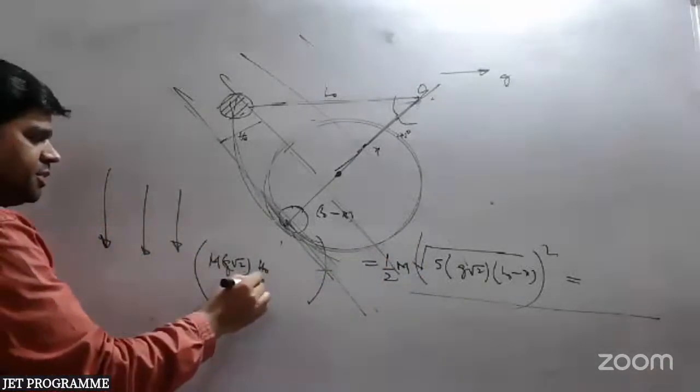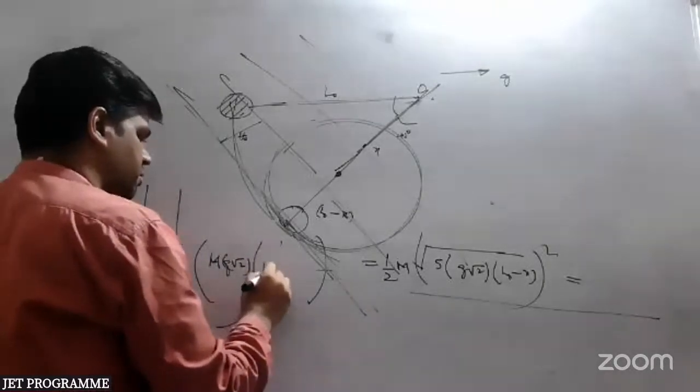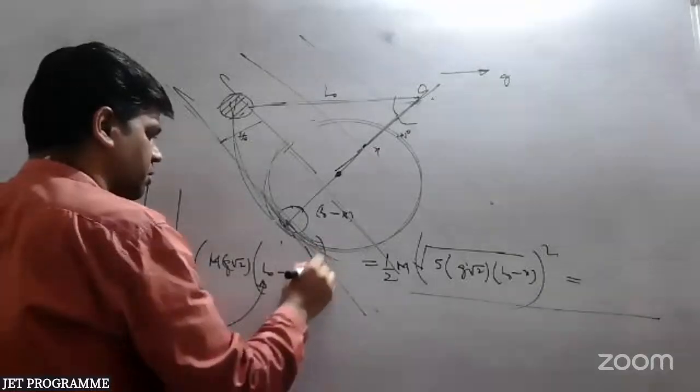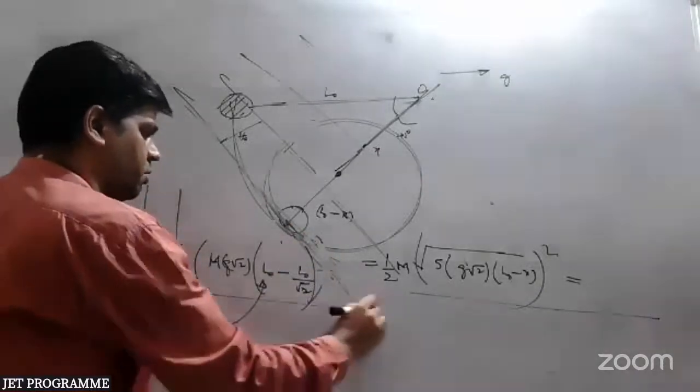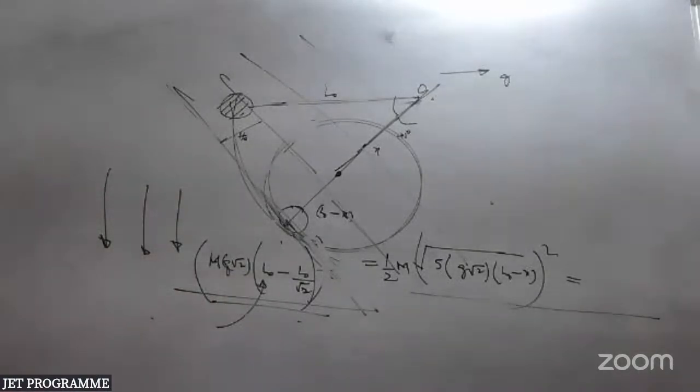All I have to write down is h. How do I write down h? L minus L cos 45. You'll get x from here. All right. Is it okay now?